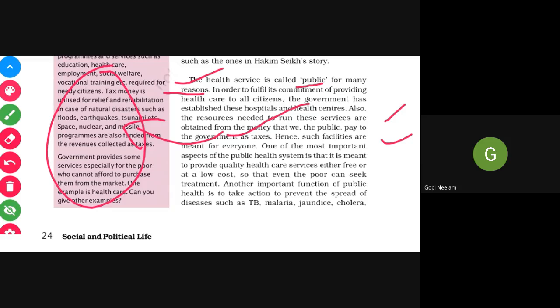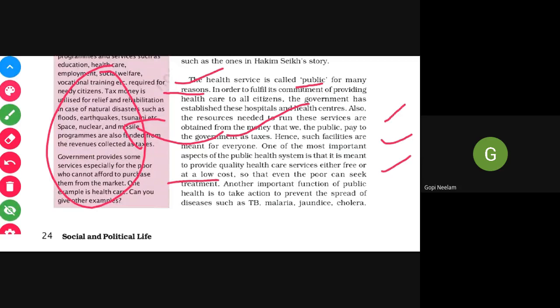Hence, such facilities are meant for everyone. One of the most important aspects of the public health system is that it is meant to provide quality health care services either free or at a low cost so that even the poor can seek treatment.